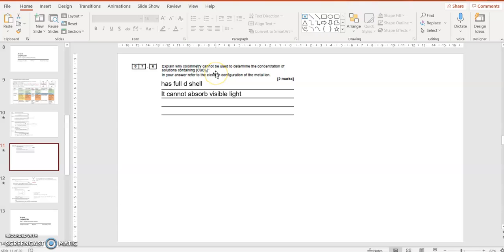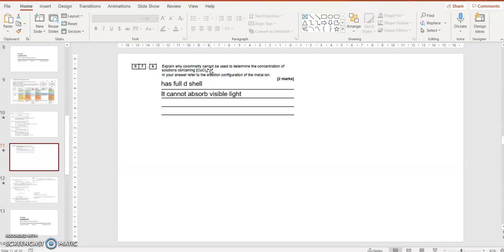Explain why colorimetry cannot be used to determine the concentrations of solutions containing CuCl2 minus, because it must be that's copper 1, CuCl2 1-. That must be copper in 1+ oxidation state, Cl minuses of -1 each.